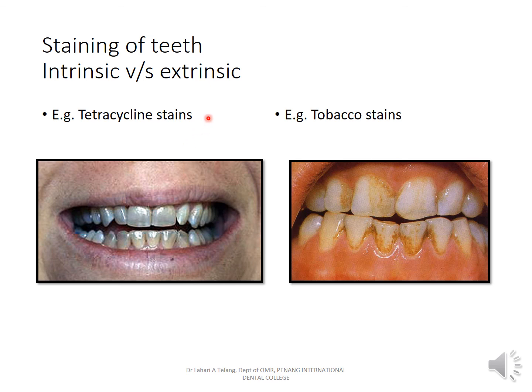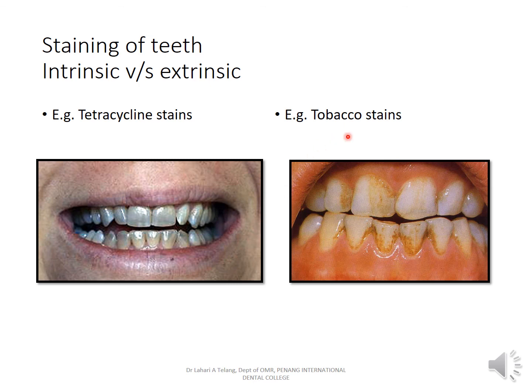An example of intrinsic stains would be tetracycline stains. You can see grayish brown pigmentation or staining of the teeth caused by tetracycline consumption, which is passed on from the mother to the fetus or taken during early childhood.